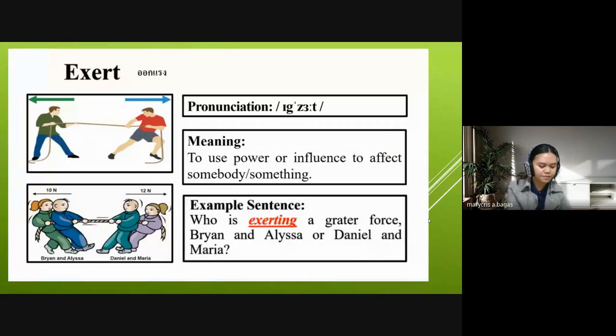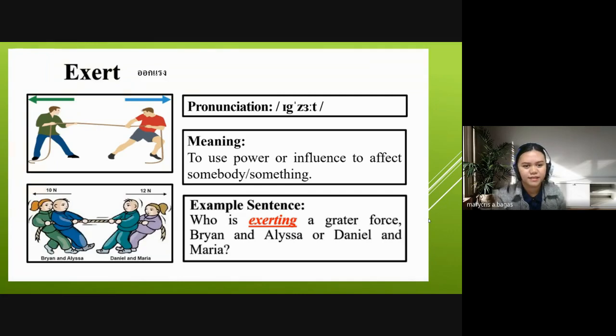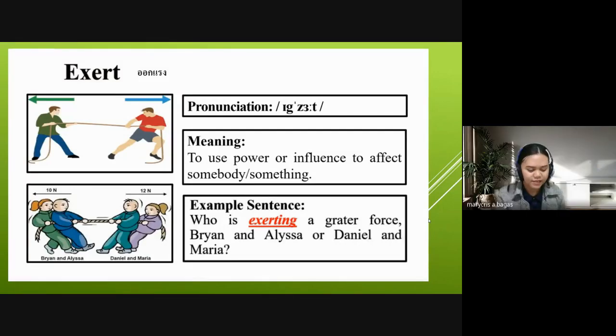Next word, exert. Exert. Spell: E-X-E-R-T.